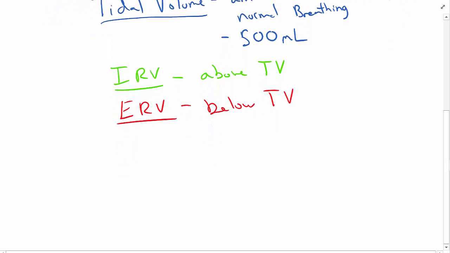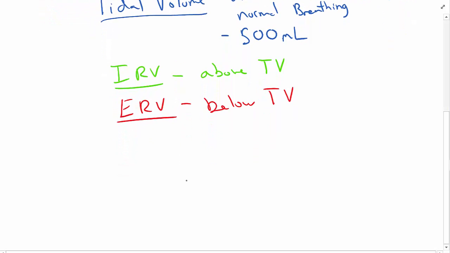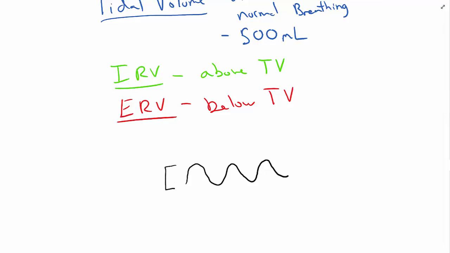Okay, so we've got tidal volume, inspiratory reserve volume and expiratory reserve volume. So if we were to look at this on a graph, tidal volume would go up and down, up and down, up and down. Okay, and so this right here would be tidal volume. We said tidal volume is about 500 mils.